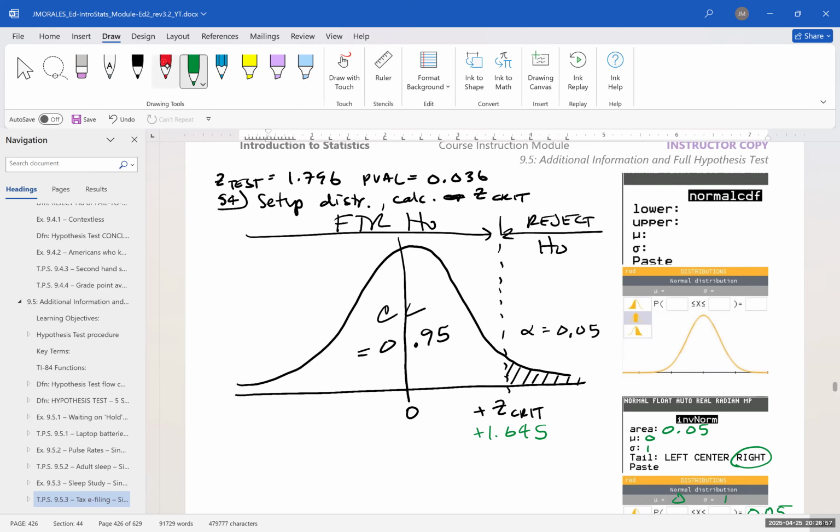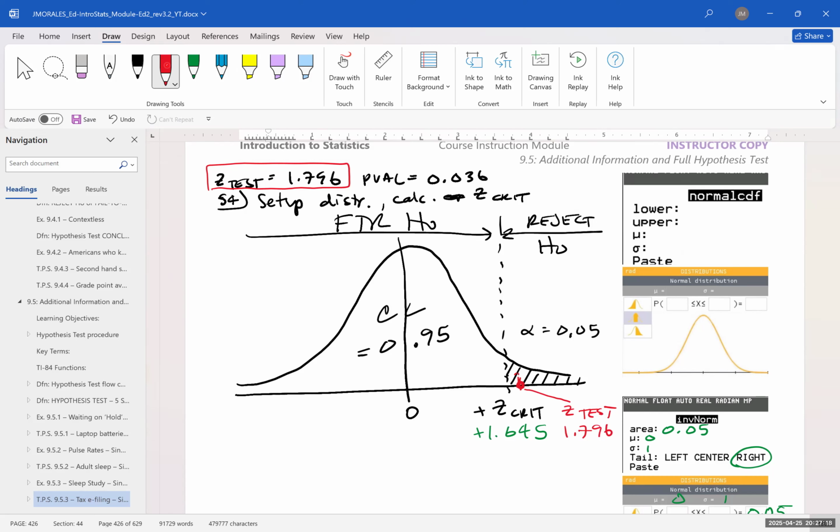So our test statistic, let me use a different color, is positive 1.796. That is barely right above. That's going to be somewhere right about there. So that is our z test statistic, which is 1.796.